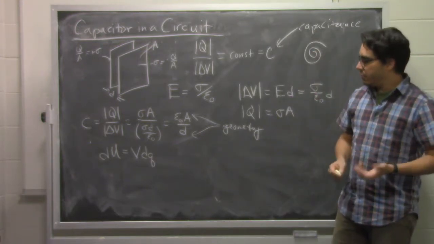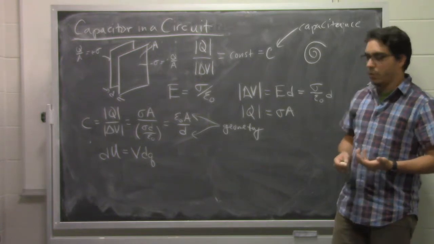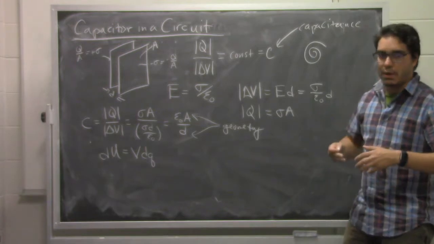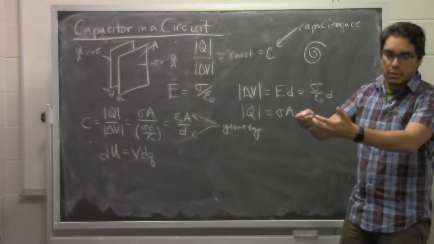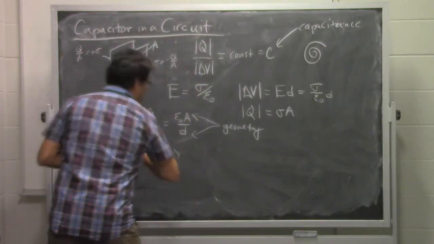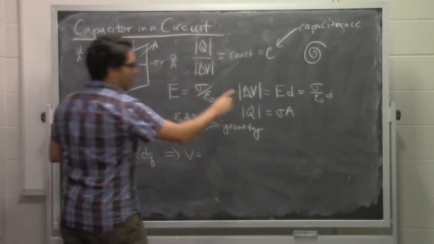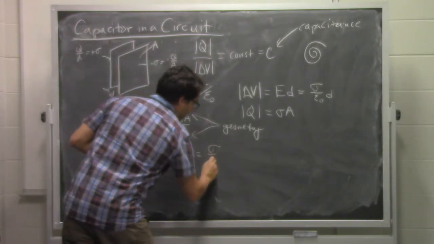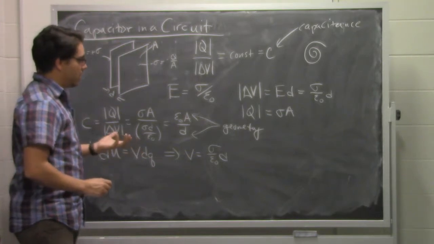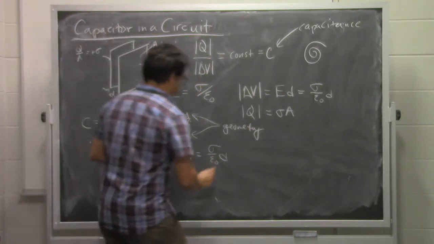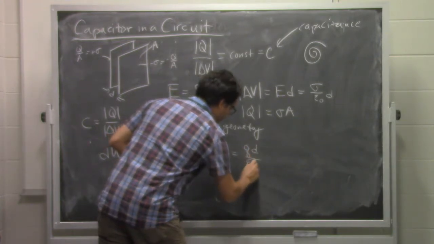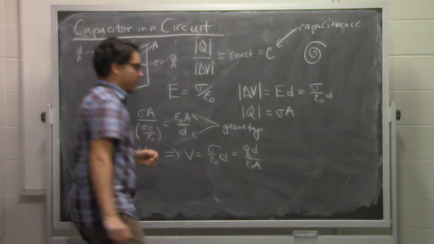Now that potential difference, we have already derived it. We know what it is. And in fact, what we're going to do is set this up to say, how much energy does it take to charge the plate up entirely, okay? So the potential difference, which we have derived up here, is sigma over epsilon naught times d, which means that for a given amount of charge, it's going to be more like little q d over epsilon naught a, okay?